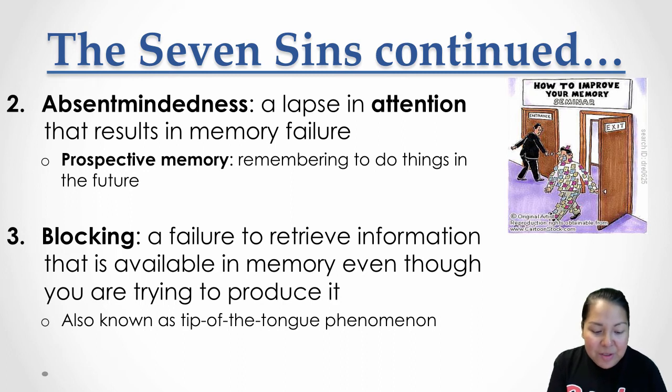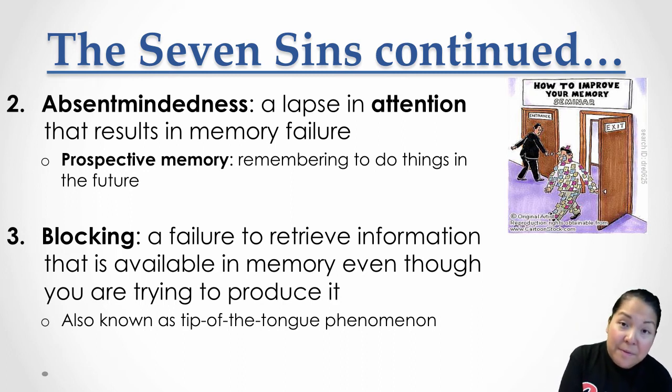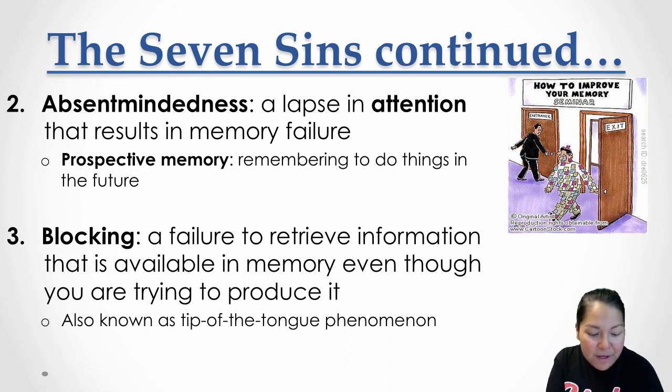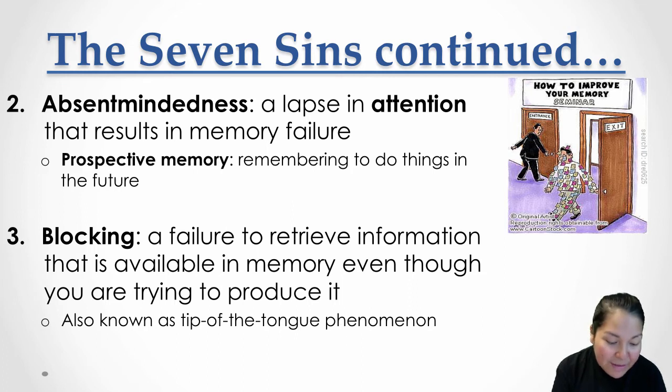And so this may be due to thinking about what you're going to do in the future. Thinking about what you're going to make for dinner, or remembering that you forgot to do your homework for your college algebra class, this interferes with your attention. And so these type of memories for remembering to do things in the future is called prospective memory.